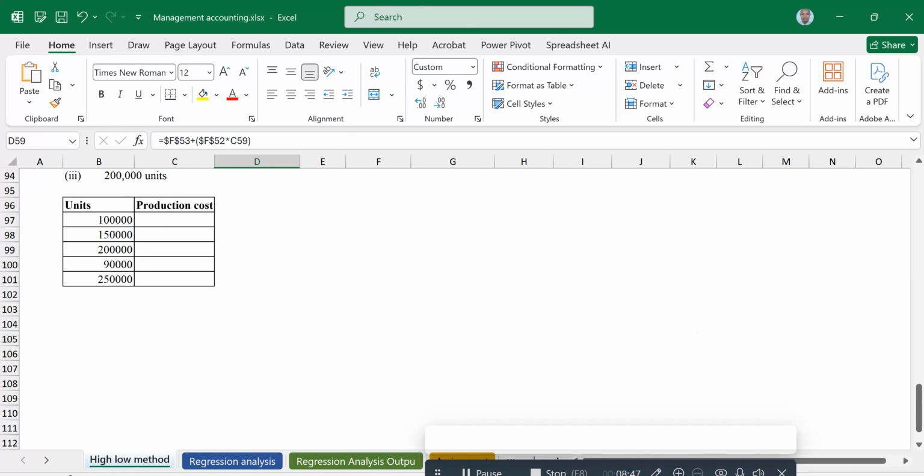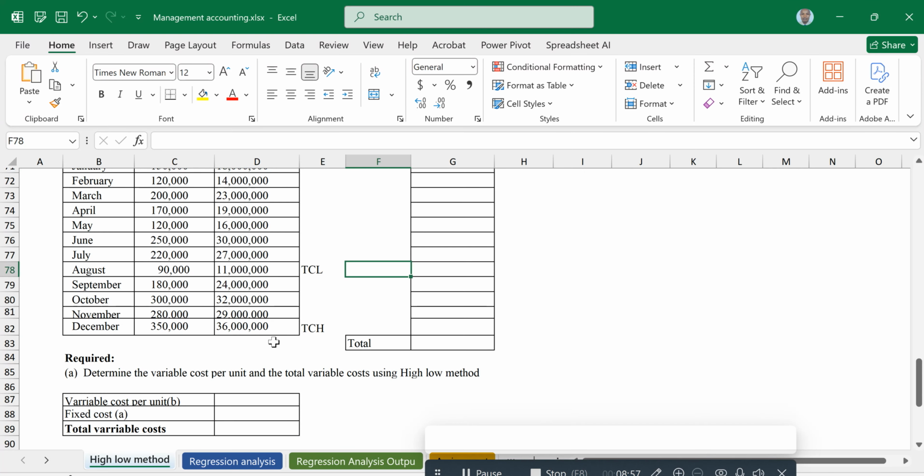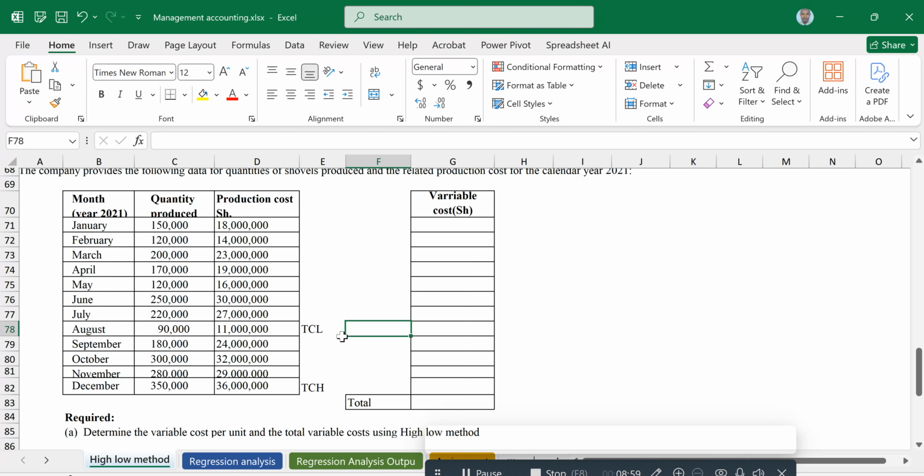So we start. What is the total cost at high? Total cost at high, so equal sign max. I think we can get that somewhere, or we can just highlight them. Which one is the highest level of activity here?